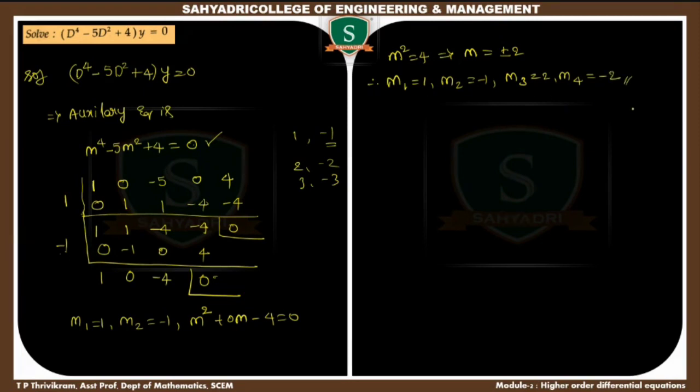Now, are all distinct or equal? Distinct. Yes. So all are distinct solutions, real and distinct. So the complementary solution is yc is equal to, how to write the solution?